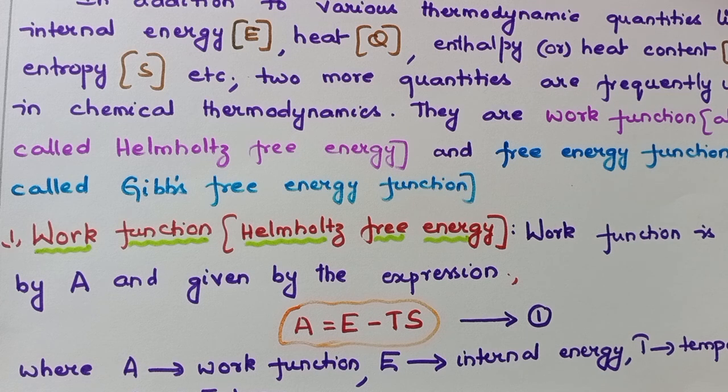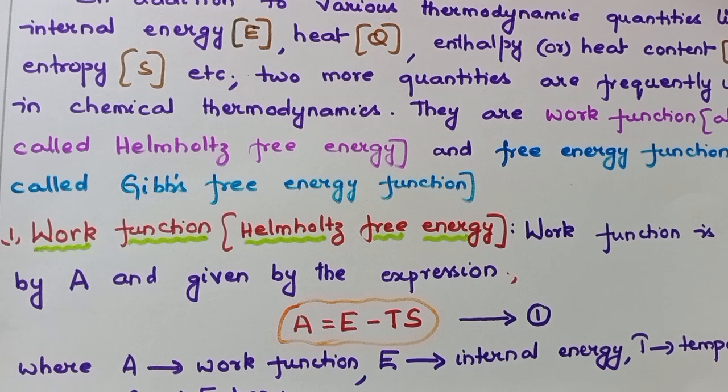Put it in a box and mark it as equation number 1. So the work function or Helmholtz free energy is denoted by the letter A, which is given by the expression A = E - TS.